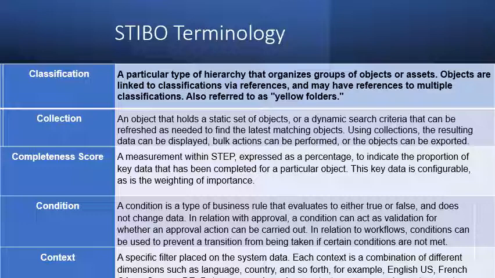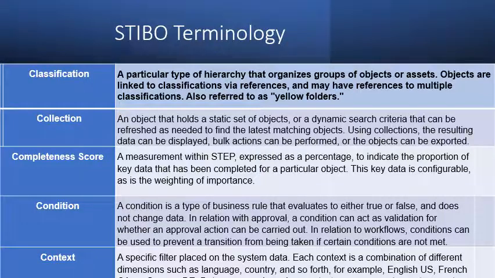Context: a specific filter placed on the system data by a particular context. If you want to filter anything during the search process or export process, you need to define the context.